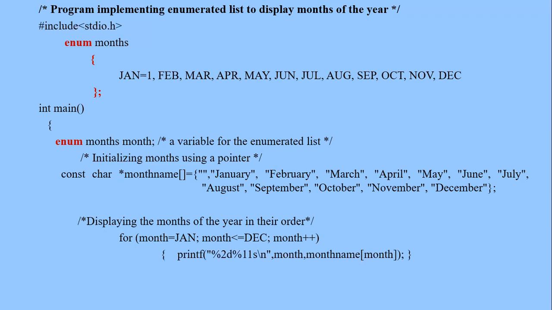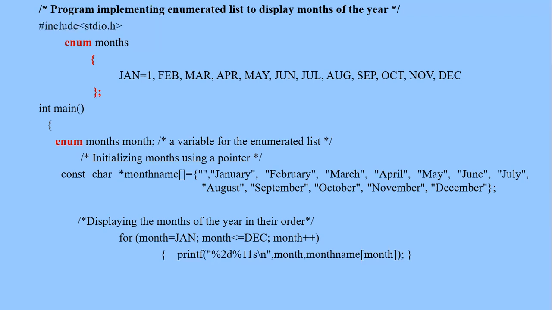If true, display the name of the month. So simply, because we want to display all the months of the year, this statement means initialize month with 0, then display the content of it.